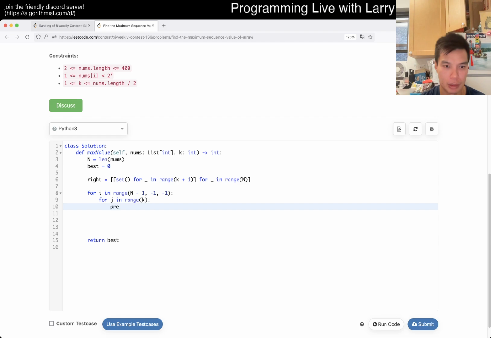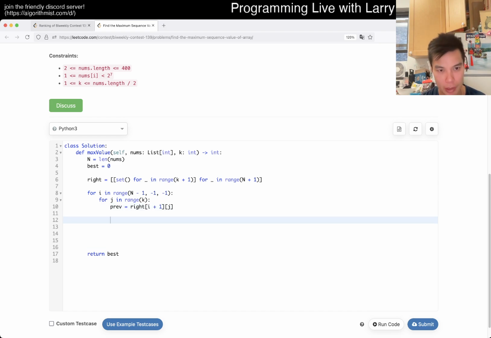Okay, so the previous is going to be equal to right sub i plus 1, j. So maybe actually we should do plus 1 here, should be fine. No, j, right? And then basically you either tick or no tick, right? So right sub, it's like a min of i.